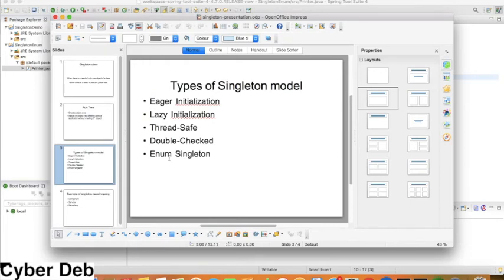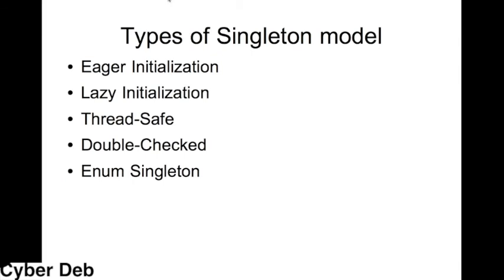And the last one is the enum singleton which you saw, that is basically required for serialization and deserialization, so that we will not get a different object while deserializing any singleton class with the help of read object and write object. So that's all about singleton model.